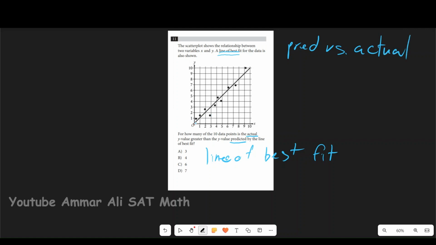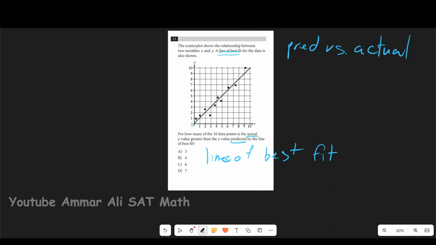Well, our line of best fit is nothing more than what? A prediction, right? They are just showing us a line that estimates the function that the data points may or may not adhere to. So when they're asking us to compare the actual versus predicted, for this x, we get a y that is predicted, which is where the line is.